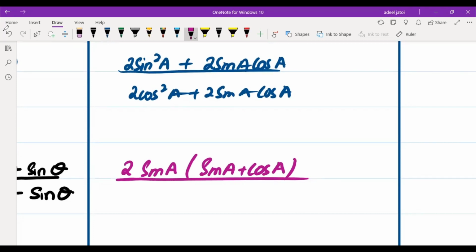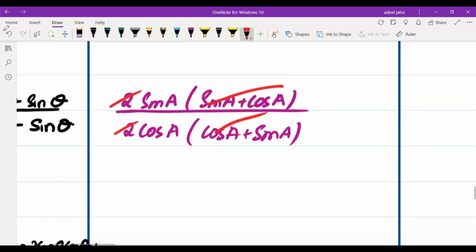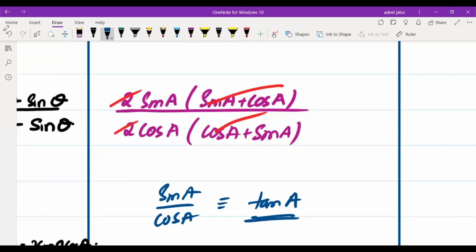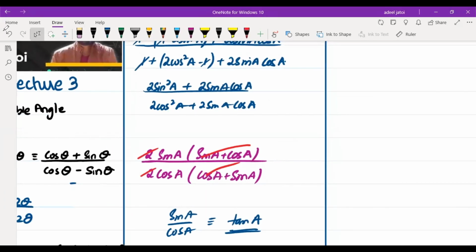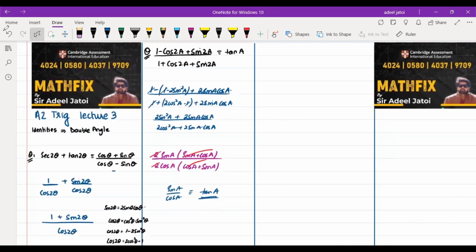In the denominator, we can take 2 cos A as common, so this would be cos A plus sine A. Sine A plus cos A or cos A plus sine A are the same, so these two things are cancelled, and 2 and 2 are cancelled. So what are we left with? We are left with sine A upon cos A, which is equivalent to what? tan A. The question told us to prove what? tan A.